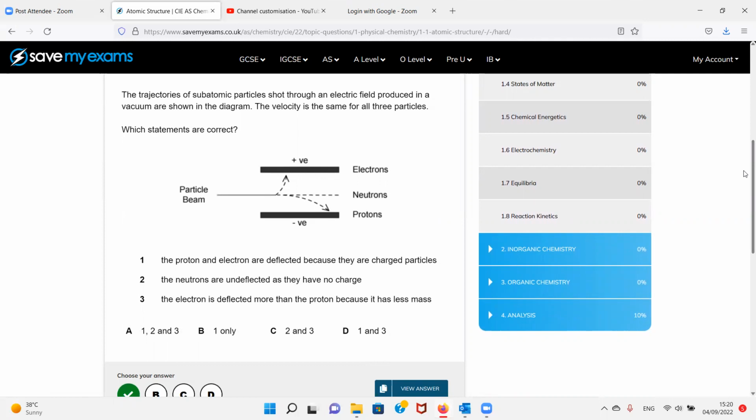The neutrons are undeflected as they have no charge. This is also correct. And the electrons are deflected more than protons because they have less mass. And this is correct because the deflection is based on the charge to mass ratio. So as the particle becomes lighter, it will be deflected more.